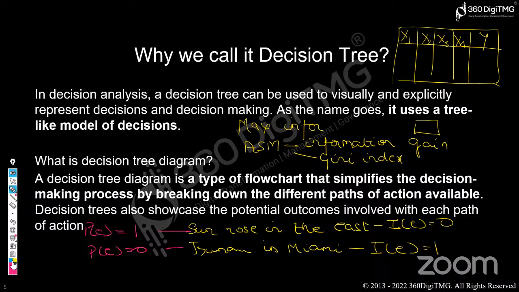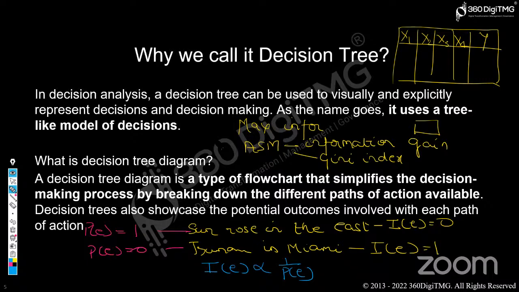In other words, if I were to summarize it, the information gain of an event is inversely proportional to the probability of the event. This is how I would summarize. Information gain, guys, is the measurement of changes in entropy after the segmentation of a dataset based on an attribute.